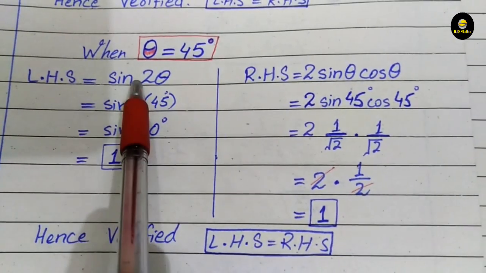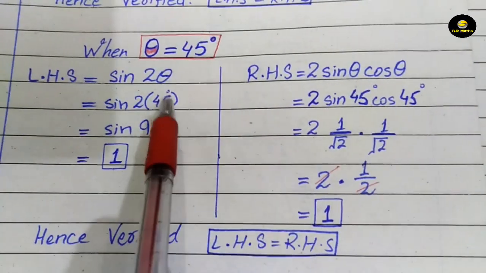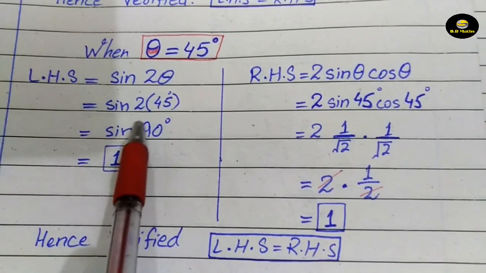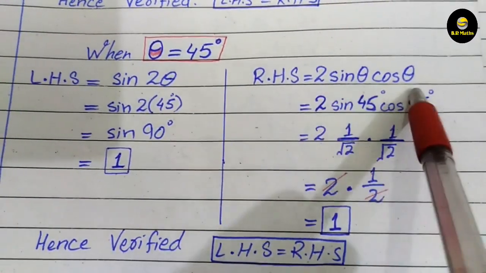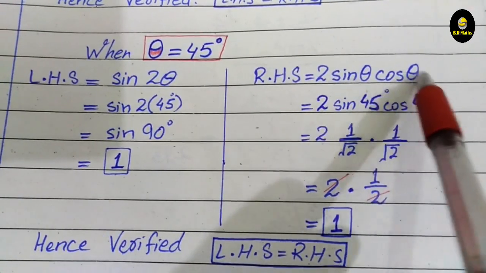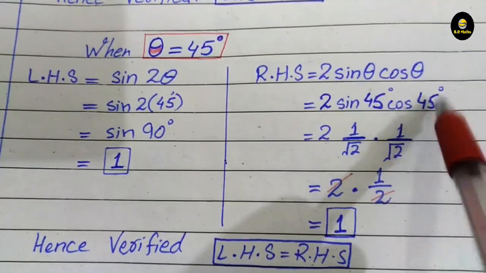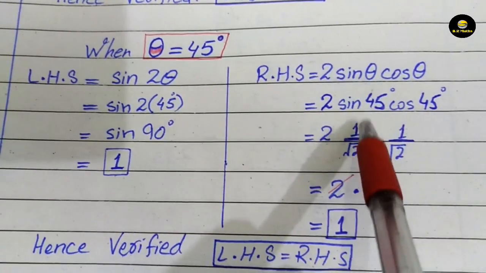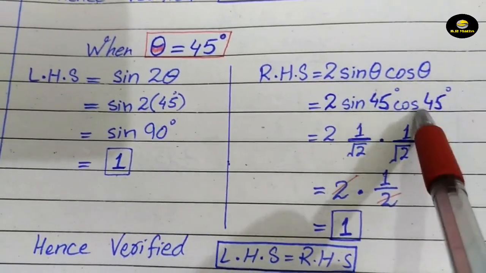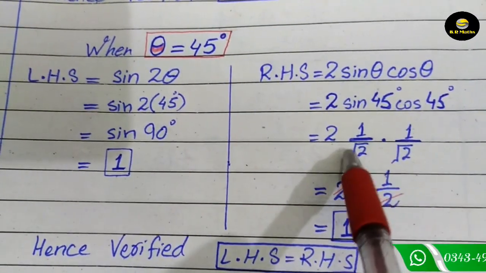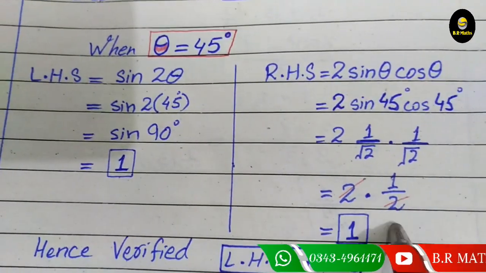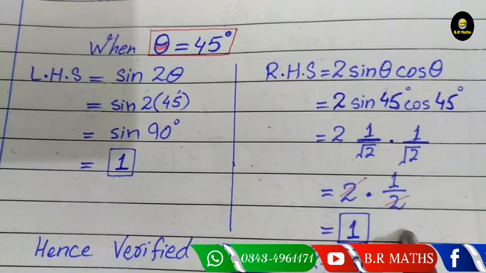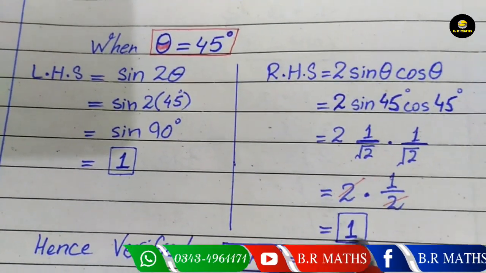Now the same identity for angle 45. Take the left hand side, sine 2 theta, where theta is 45 now. 2 multiplied by 45 is 90, and sine 90 is equal to 1. And the right hand side, 2 sine theta cos theta, put the angle 45. Sine 45 is 1 over square root 2, and cos 45 is also 1 over square root 2. Multiplying 1 over square root 2 by 1 over square root 2 gives 1 over 2, and this 2 cancels with 2, and the result is 1.